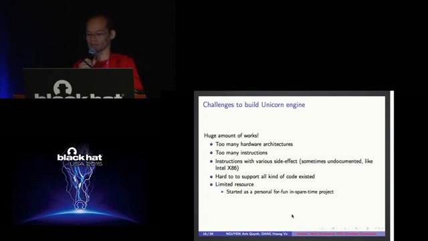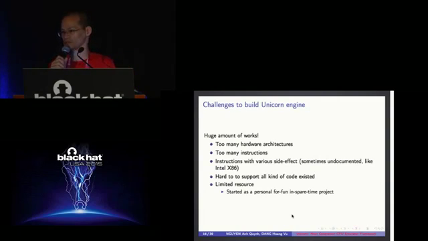The problem is that it's very hard to build Unicorn. That's our dream, but it's a lot of work. First, there are too many architectures. x86 only might take you a few years if you do it from scratch. But now you see that you want to do everything, not only x86. And each architecture has many instructions. For example, the latest version of Intel has like 1,500 instructions.